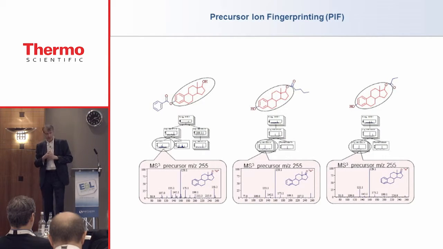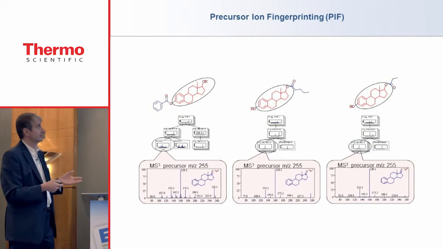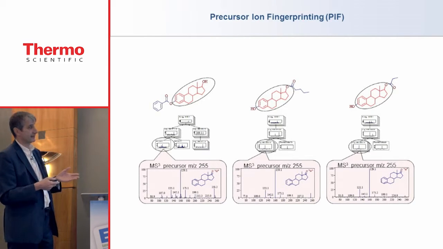Why are we doing it? And actually, I would now like to talk more about compound identification. If the unknown compound is in a database, well, it's not a big deal, we will find the compound and we have it. If we do not have the compound in the database, then we have to find it with other techniques. And a decade ago, we introduced this precursor ion fingerprinting method.